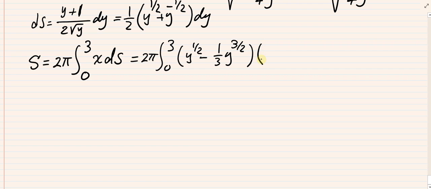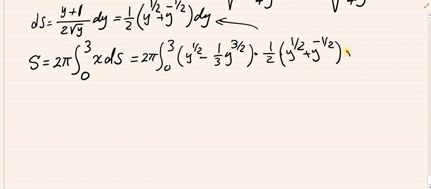And times the differential of arc length, which is going to be 1/2, parentheses y to the 1/2 plus y to the negative 1/2, and then the y.